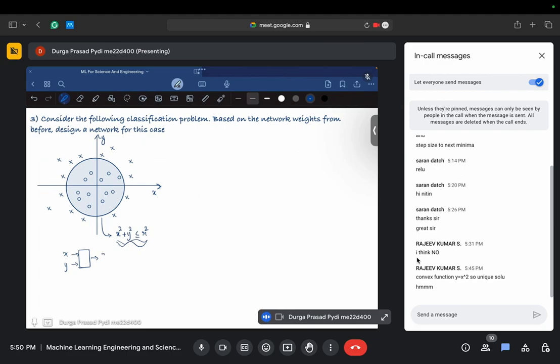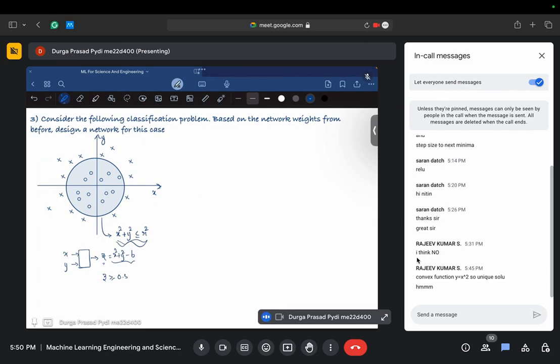So it will calculate some z equal to x square plus y square minus r square, or maybe I will put minus some constant b here. So this z has to somehow take the values of x and y with some parameters. It will try to come up with this function, and then what we usually do is set a value of z greater than or equal to 0.5 for one class and less than or equal to 0.5 for the other class.